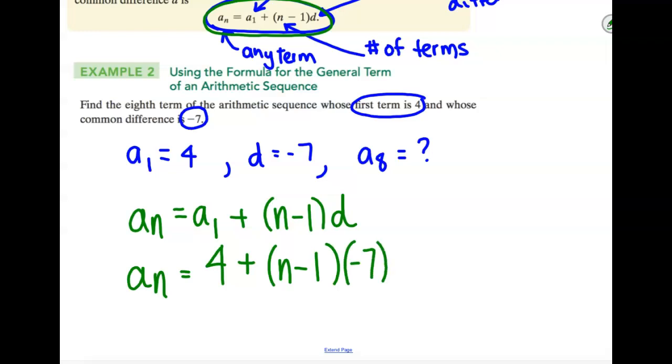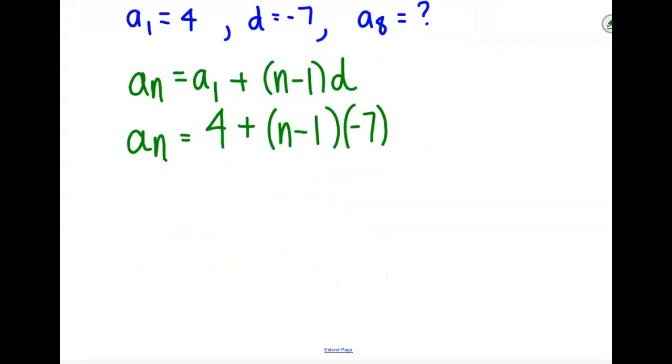Now we're going to simplify this formula. So we're going to distribute a negative 7 into that parenthesis. So a sub n equals 4 minus negative 7 plus 7.